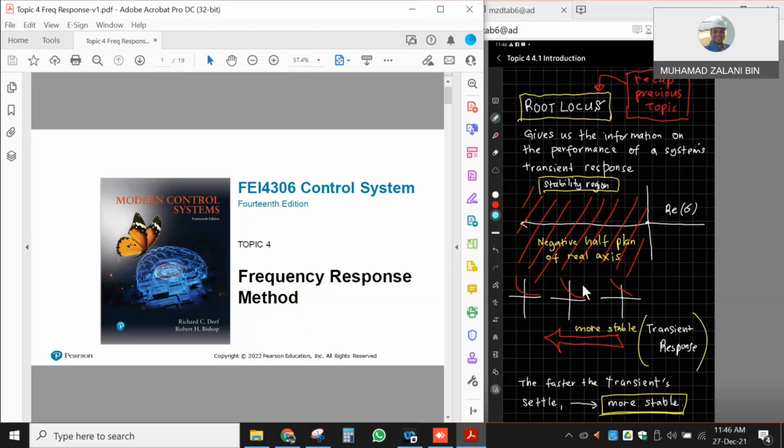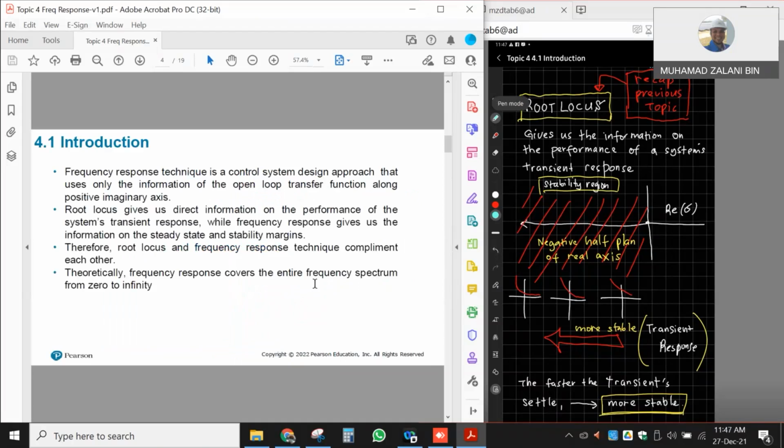For example, as you can see in this graph, with different locations of the poles, the transient settling time is much faster for the graph on the left-hand side compared to the right one. So this is about the transient response. What the frequency response method does, as compared to the root locus, is focus much more on the steady state margin or stability margin.